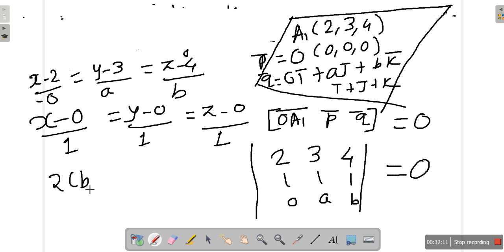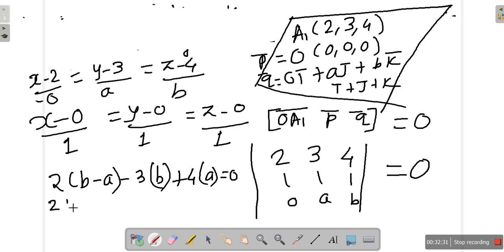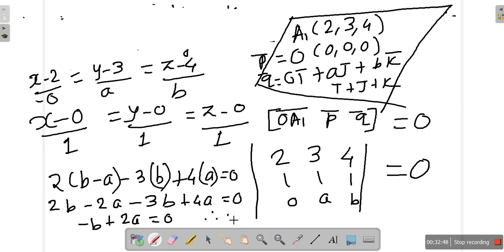So this is 2 times (b minus a) minus 3 times (b minus 0) plus 4 times (a minus 0). So 2b minus 3b is minus b. Therefore, you have a situation 2a equal to b.